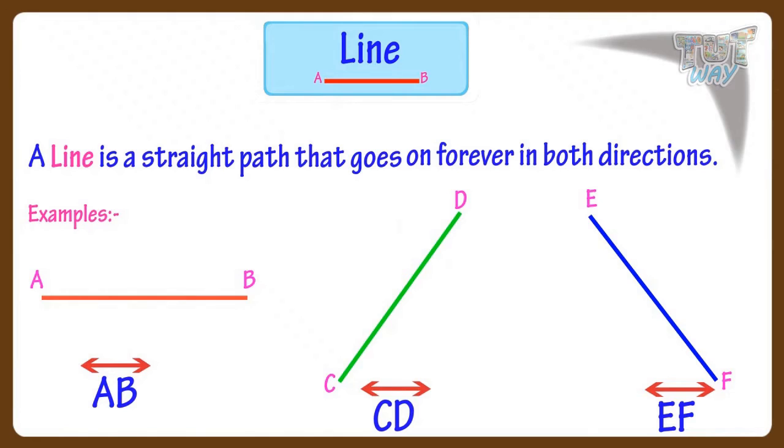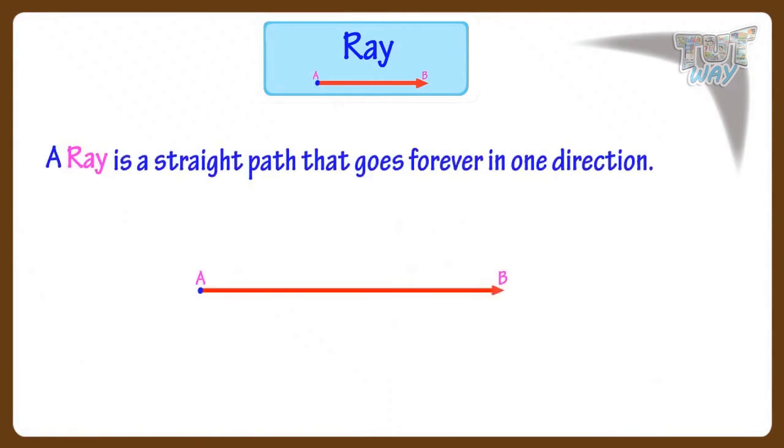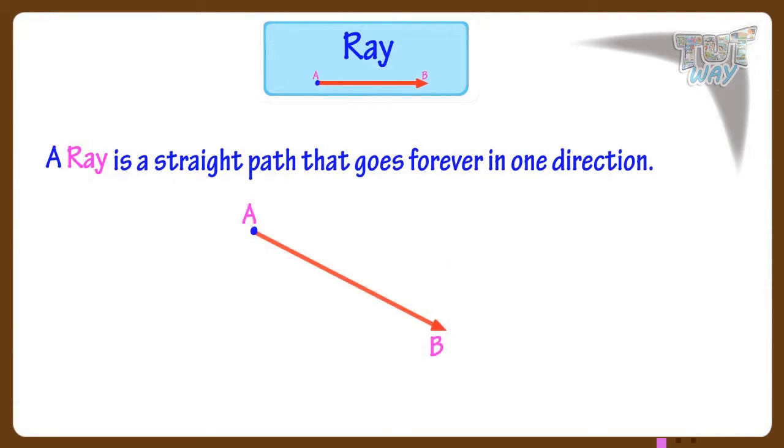Now, let's see what is a ray. A ray is a straight path that goes forever in one direction. That is ray AB. There is an endpoint on one side, and on the other side there is an arrow showing it goes forever in this direction.